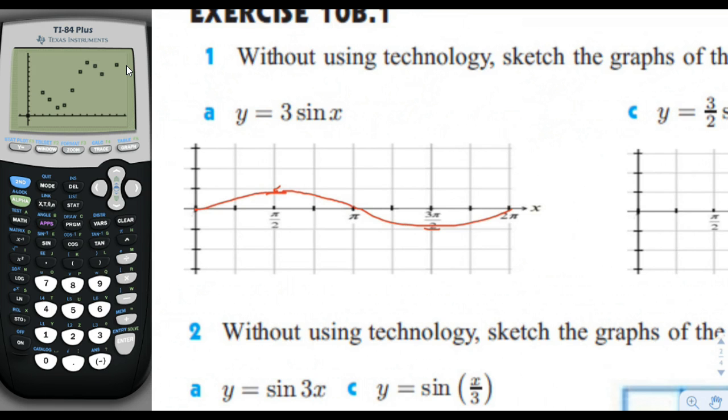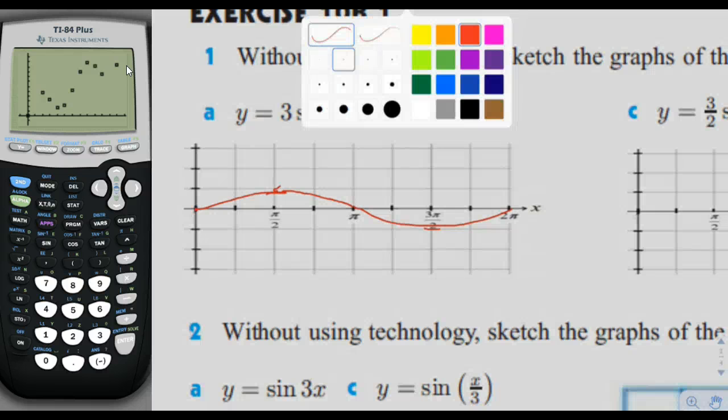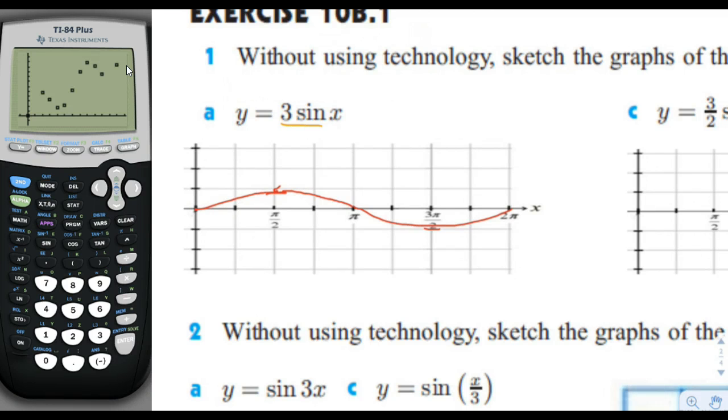Pretty easy. Now, what if instead of sine x, it's 3 sine x? Then what do you do? You go through 3, and you go through -3, because instead of sine x ranging from -1 to 1, it's going to range between -3 and 3, so everything's just going to get taller.